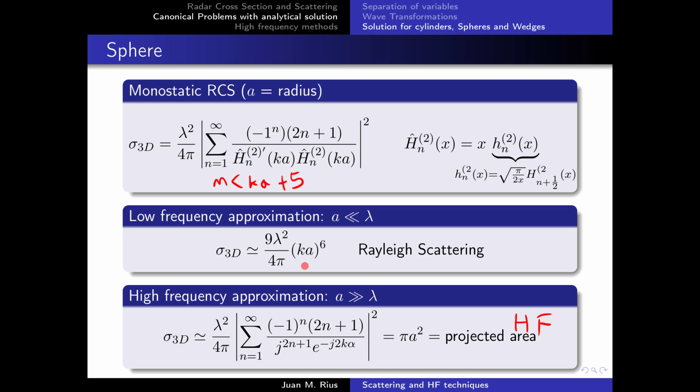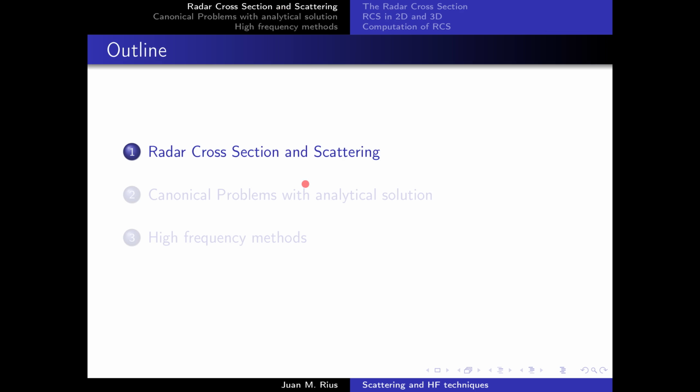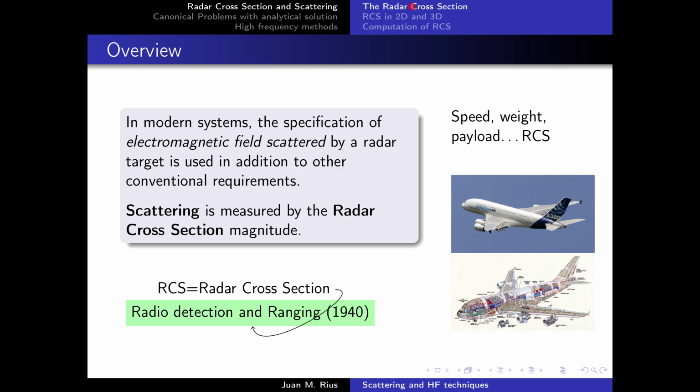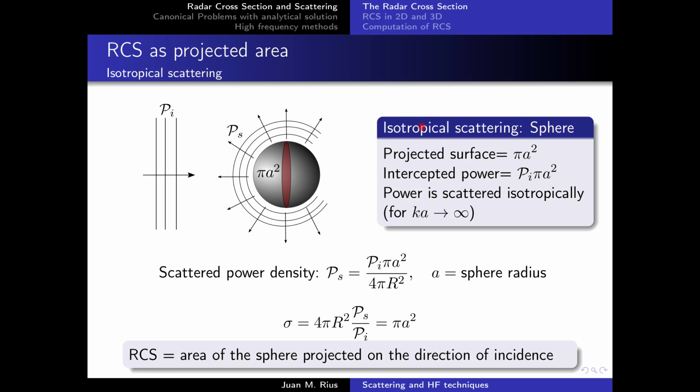This is the value that we already obtained. Remember that when we were discussing radar cross section, the value that we obtained for a sphere was pi A squared. This was just an intuitive approximation, but it is in fact the high frequency value.